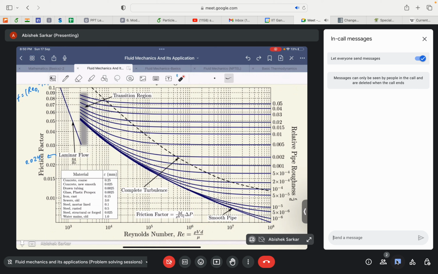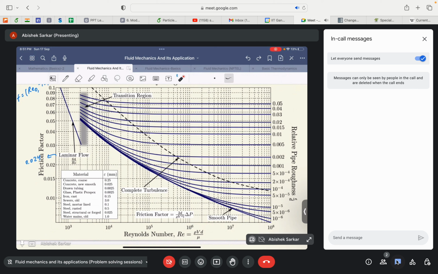Okay, so since the value of Reynolds number is 10 to the power 6, the friction factors are, beyond this region, we can take an assumption that it's 10 to the power 6.